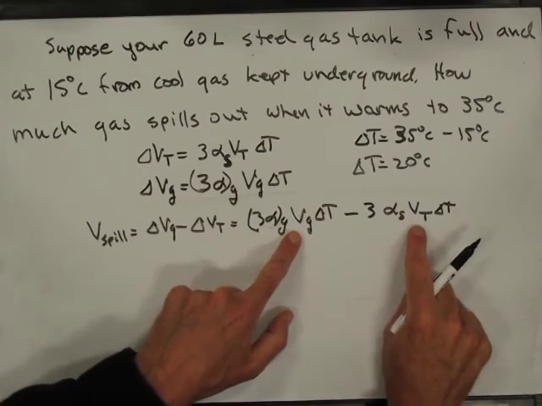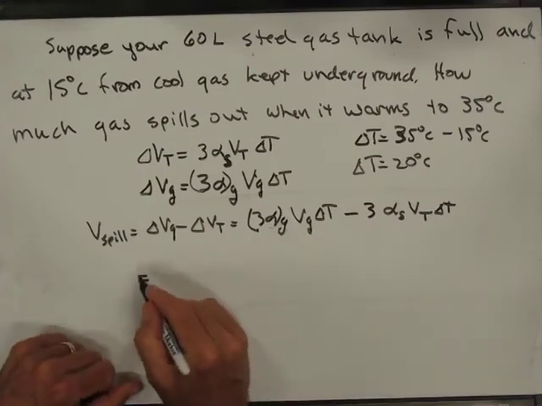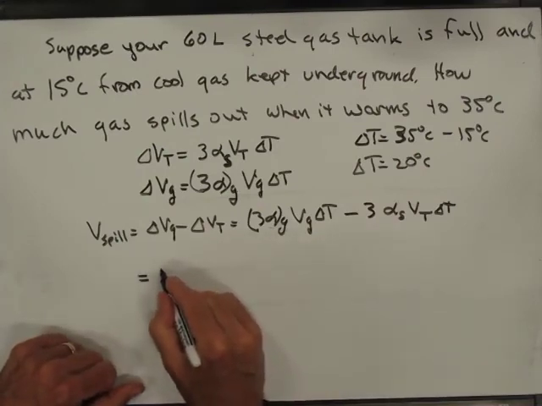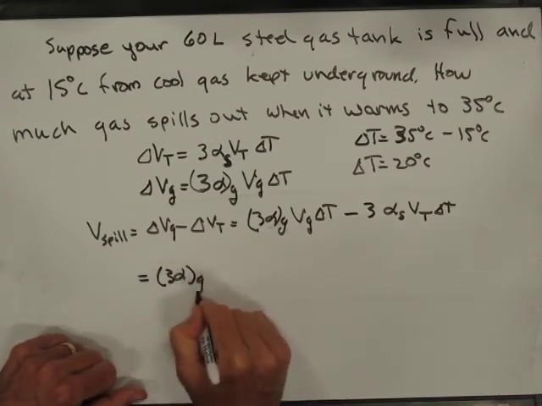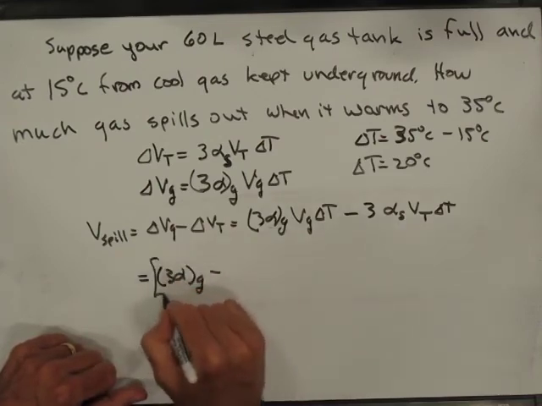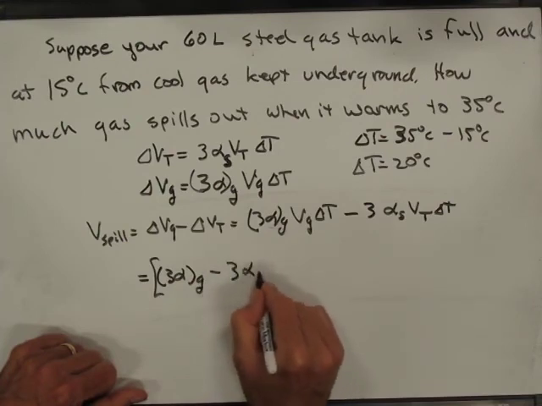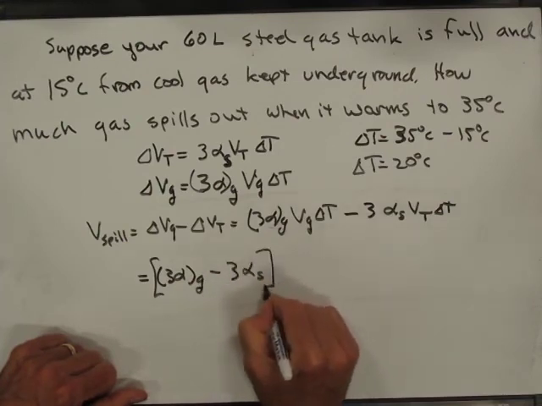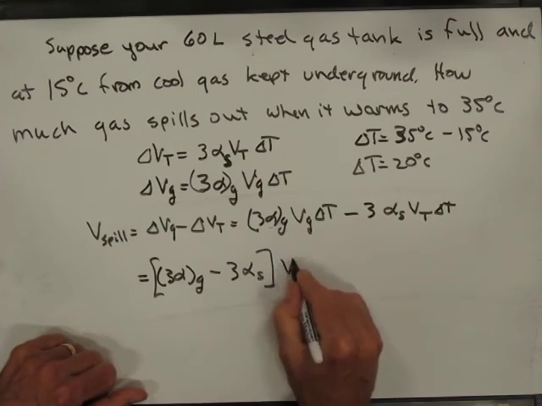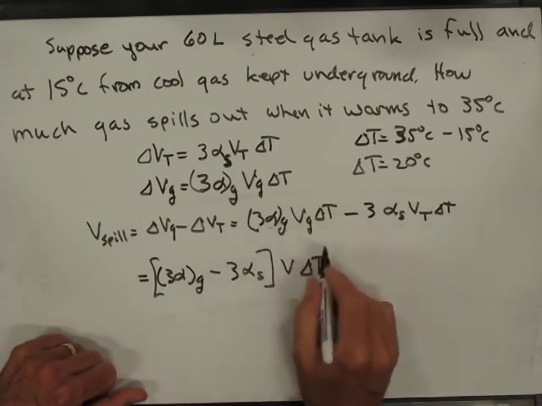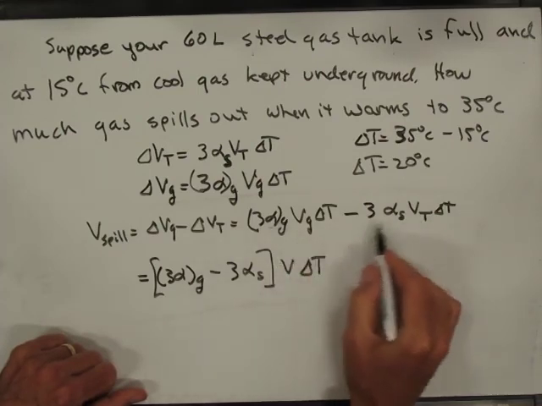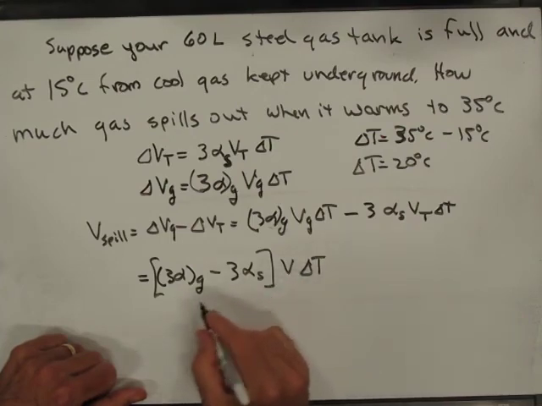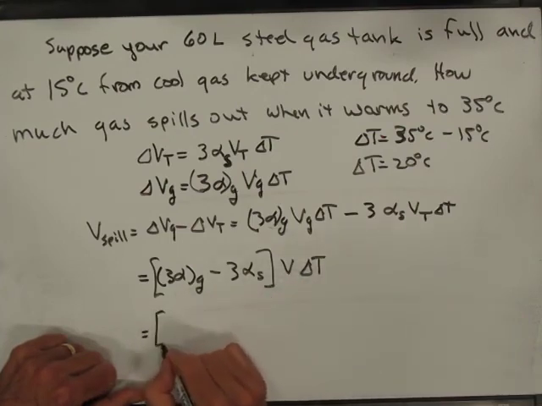It's the alphas that are different. And so V spill is equal to 3 alpha for gasoline minus 3 alpha for steel, times V times delta T, where I can use either V gas or V tank because they're both 60 liters, so I'll just call it V.